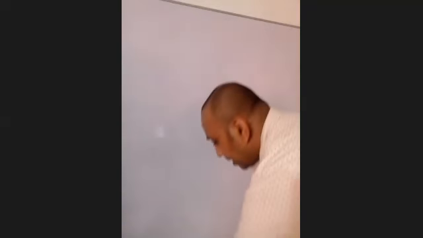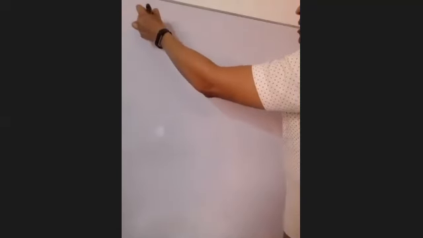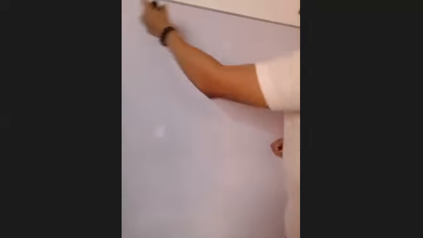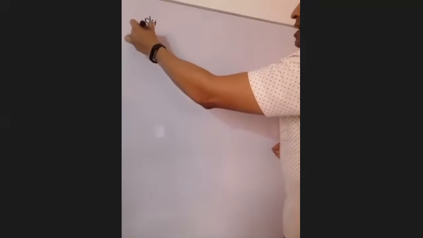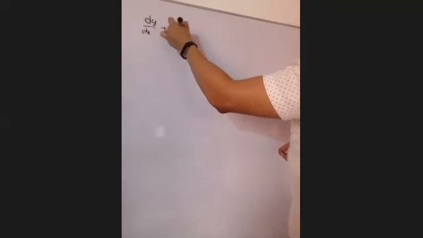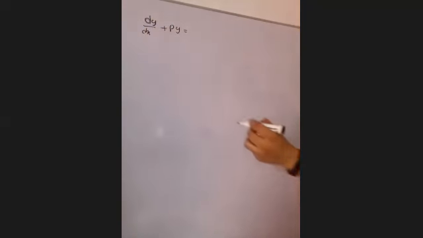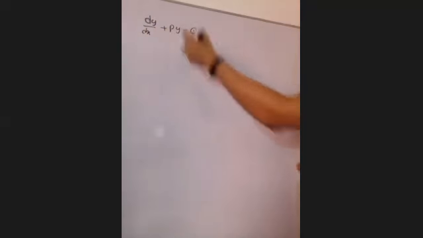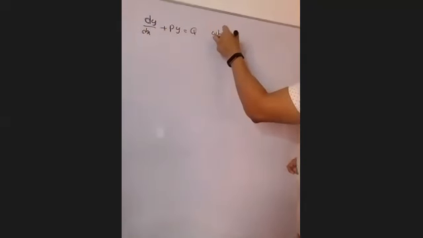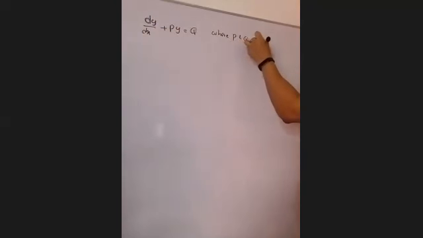The format we need to learn here is dy by dx plus py equals q, where p and q are functions of x. That's the format we have to learn.